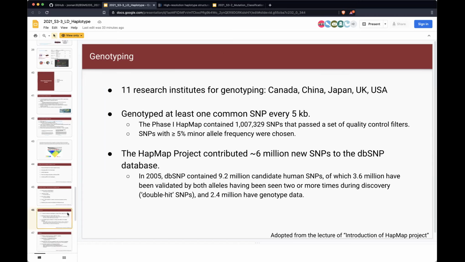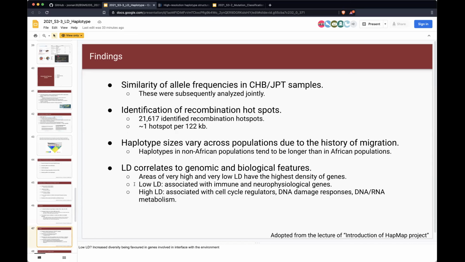And then what they did is look at their genomes using the genotype information from the microarray, and then they compared each population to see whether they are similar or different, right? So the expectation is that populations or ancestries are quite different from each other, but some populations are quite similar.